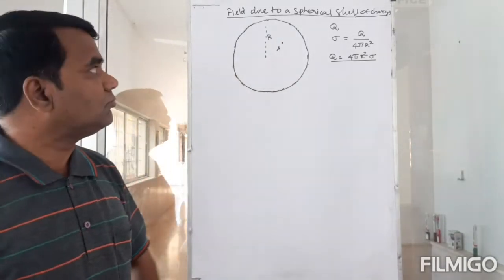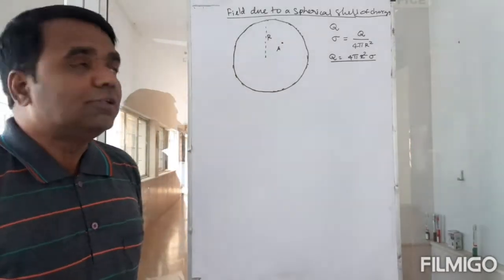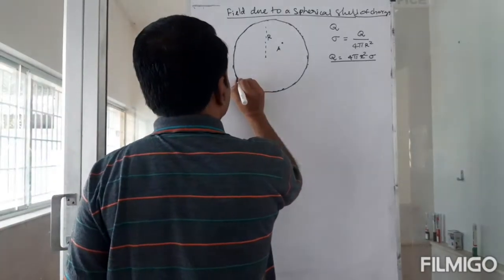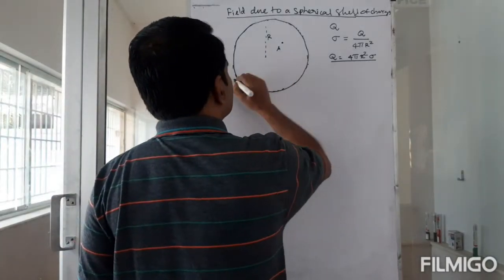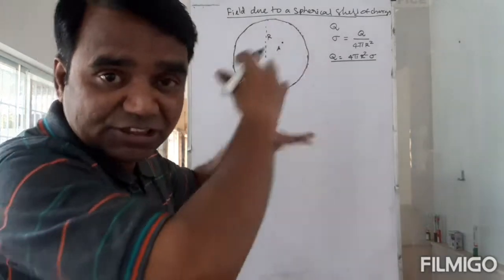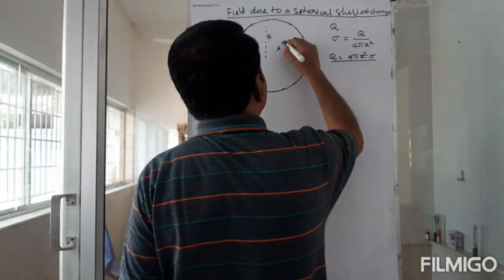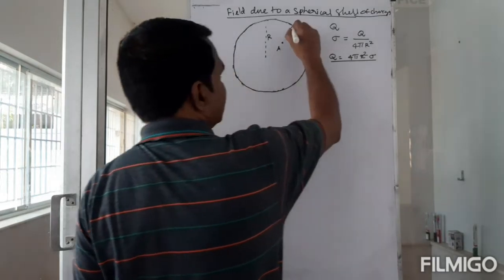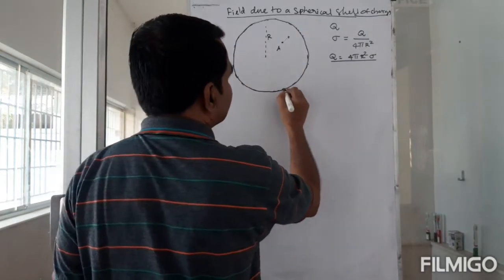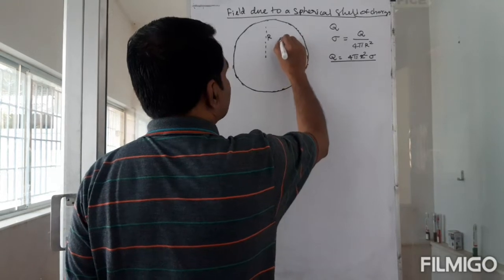Well, you see, if we take a charge here, and suppose it's all positively charged, the shell is positively charged, then that will have a field in this direction, right? Straight. And then if we take a charge here, that will have a field in this direction.